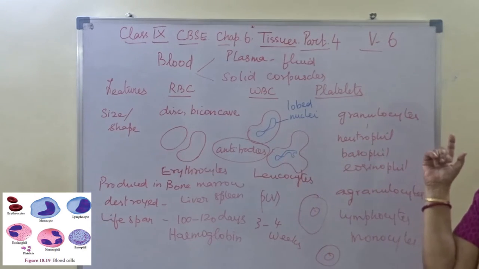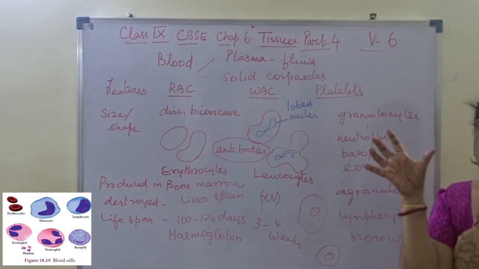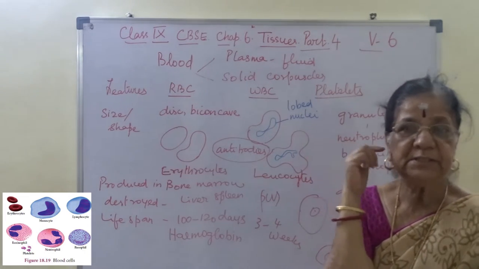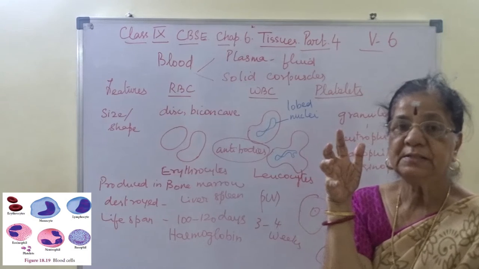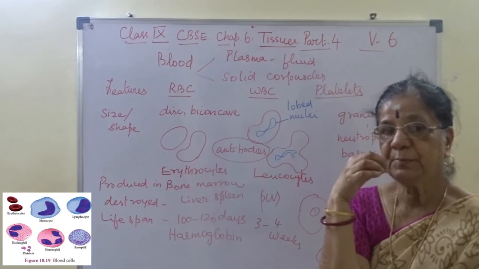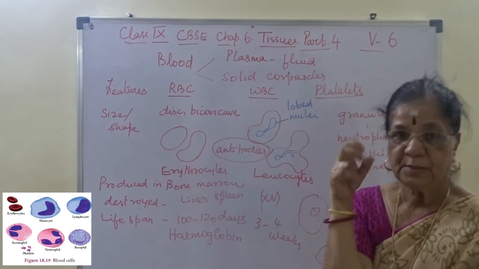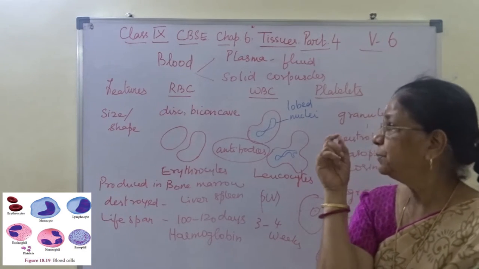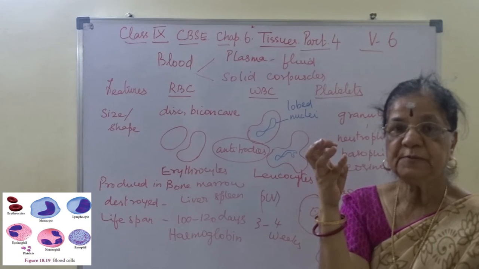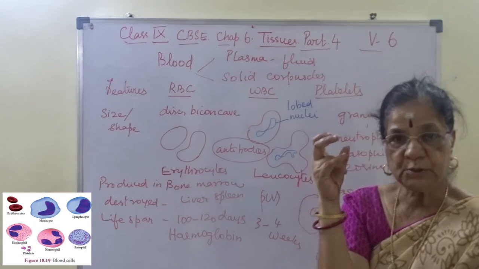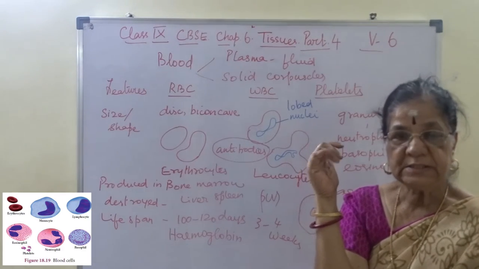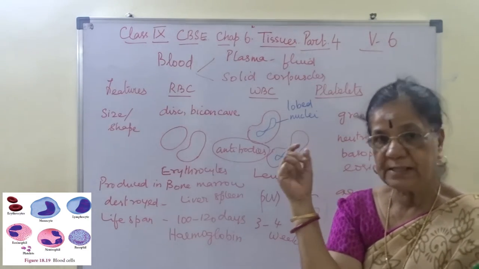Whereas platelets, they are meant for clotting of blood. They are also irregular in shape and take part in clotting of blood. Blood plasma has plasma protein, plasma carbohydrate, glucose, amino acids, fibrinogen, then serum albumin, serum globulin.